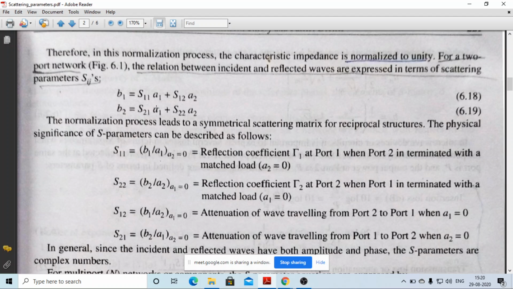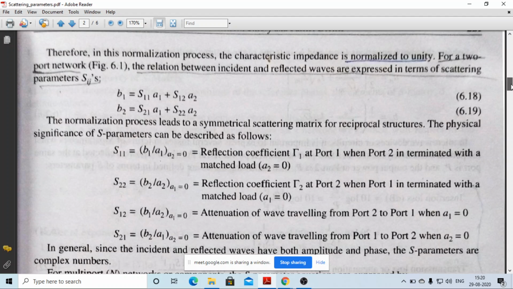When you write it in matrix form, it is B1, B2 and your parameters S11, S12, S21 and S22 multiplied by A1 and A2. So you have to focus on S11, S12, S21 and S22. But before this, there is a requirement to understand the meaning of B and A, because without defining B and A, one cannot understand the meaning of scattering parameters.